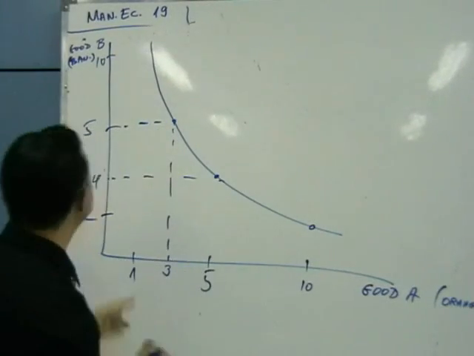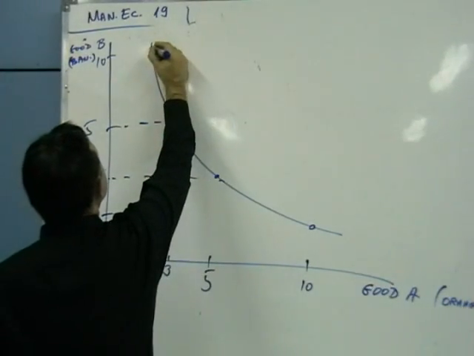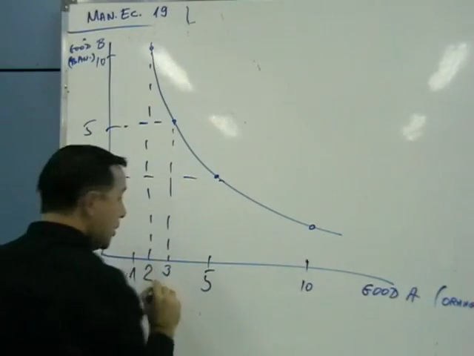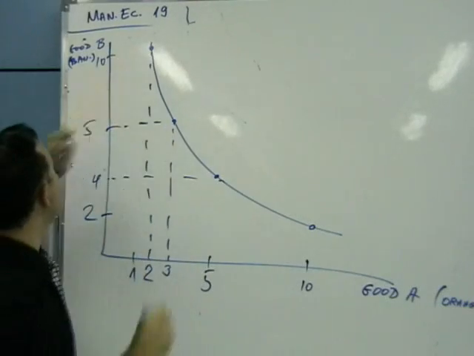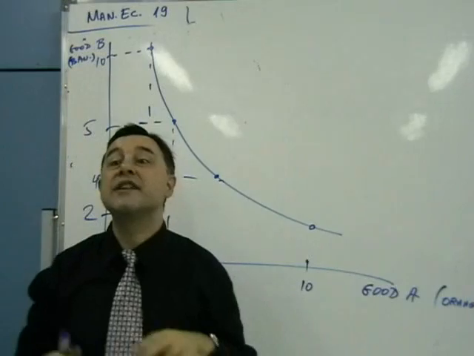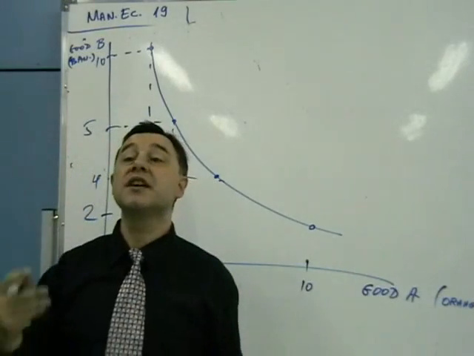Alright? It is the same as 2 oranges and 10 bananas. Alright? When I say the same, it means indifferent.